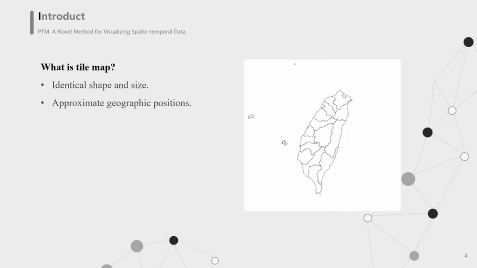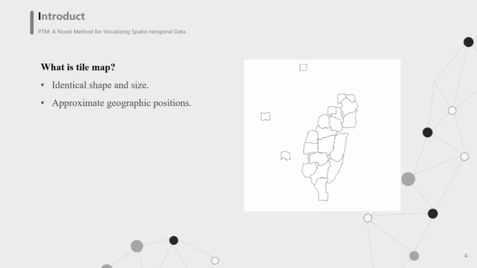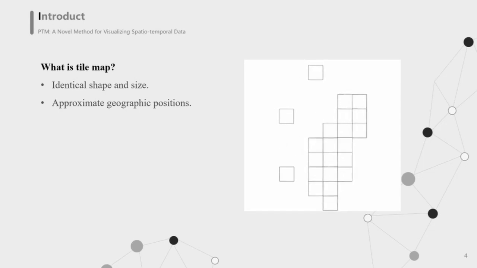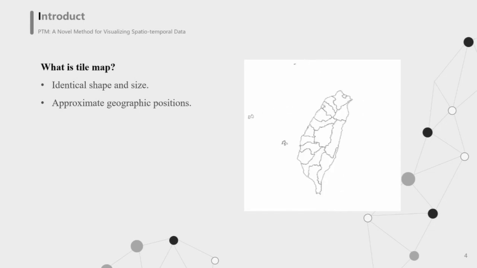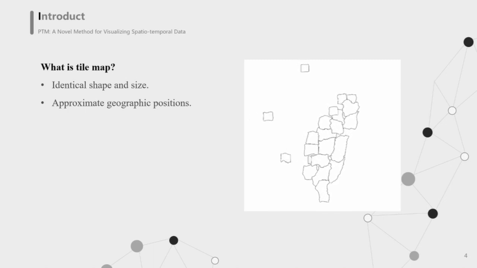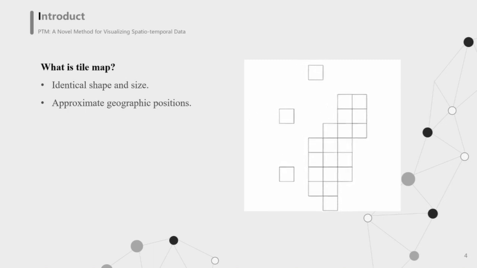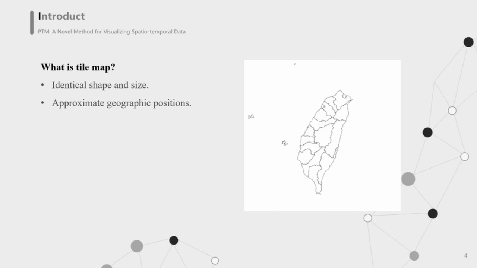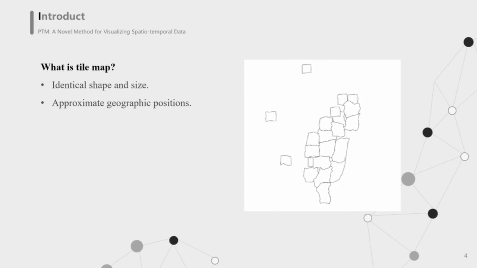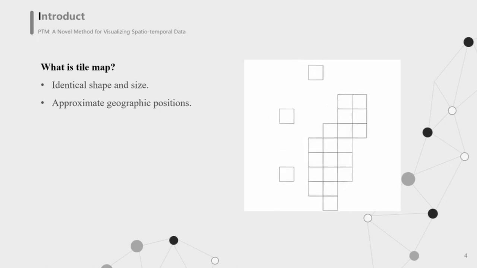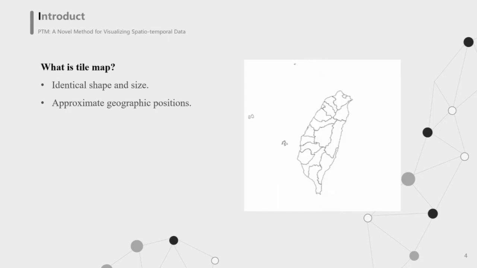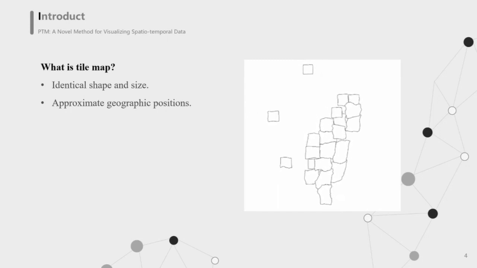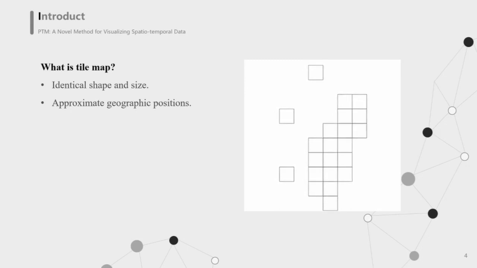The tiles in a tile map are placed in a grid at a position that approximates their geography position, such that each tile has identical shape and size. Tile maps provide an easy way to visualize how a measurement varies across a geography area, and the level of variability within a region.